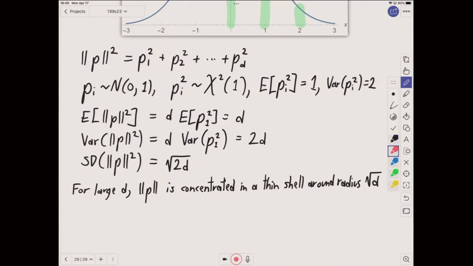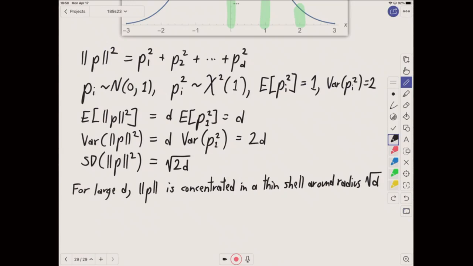And why square root of d? Well, the expected value of p squared is d, so very roughly the expected value of the length of p is going to be about square root of d, especially since the standard deviation is small. So the mean value is not exactly square root of d, but it's close.